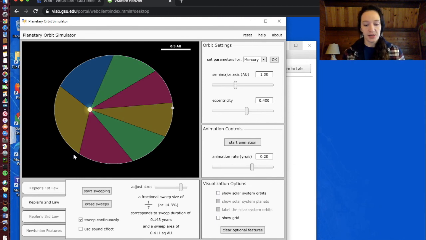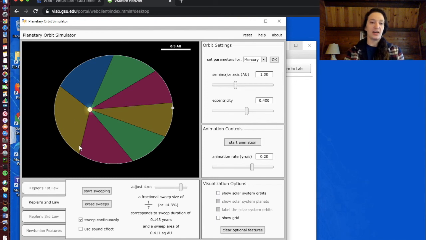Now, to help this make sense, the area of a triangle is equal to 1/2 the base of your triangle, which is the portion outlined by the orbit, times the height, which would be how far the edge of the orbit is from your sun.